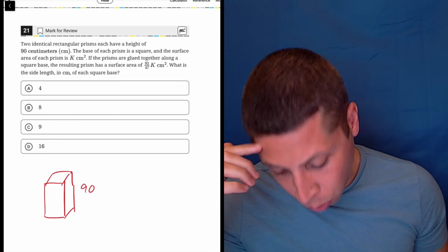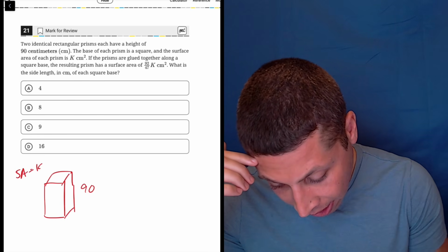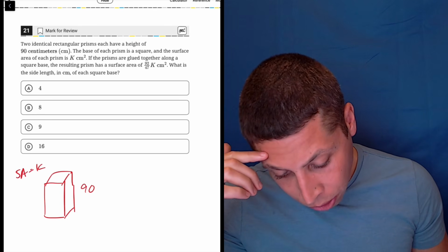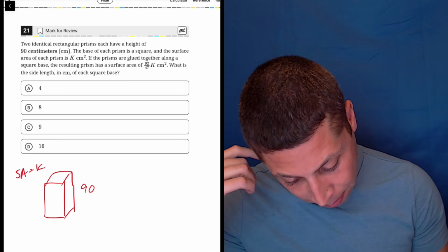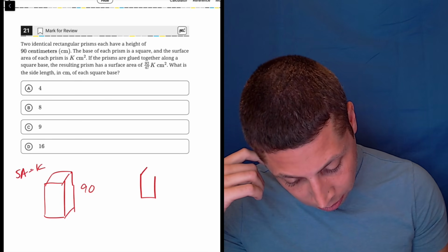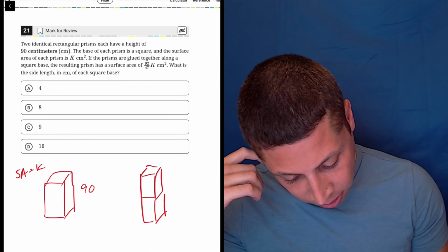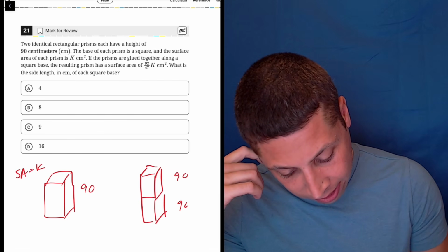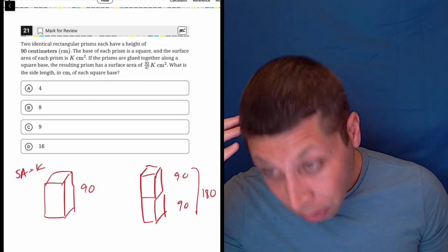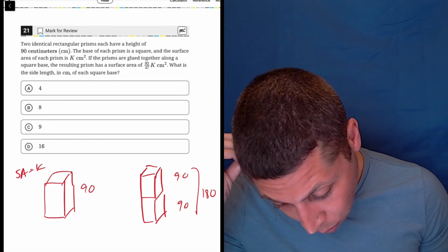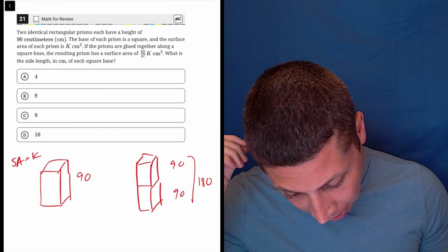So that means I've got this and then another one. So that's 2 90s, so that's 180. What is the side length of each square base?